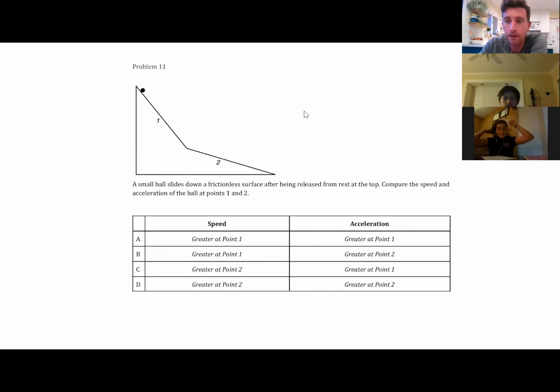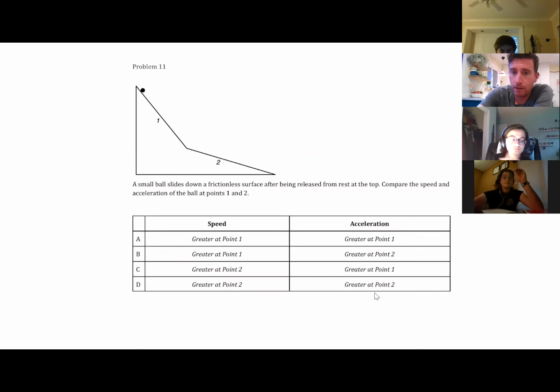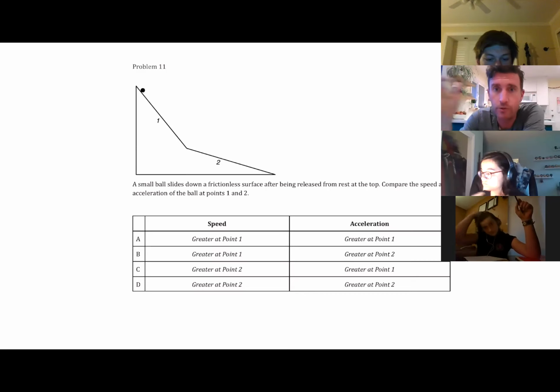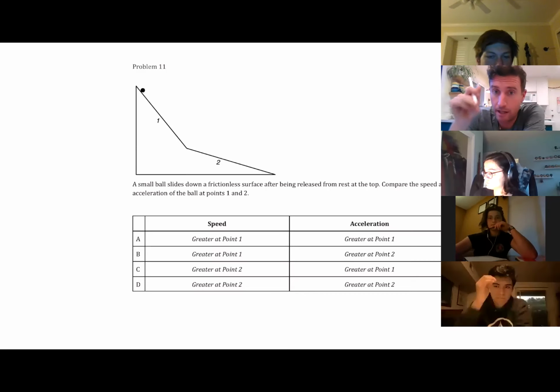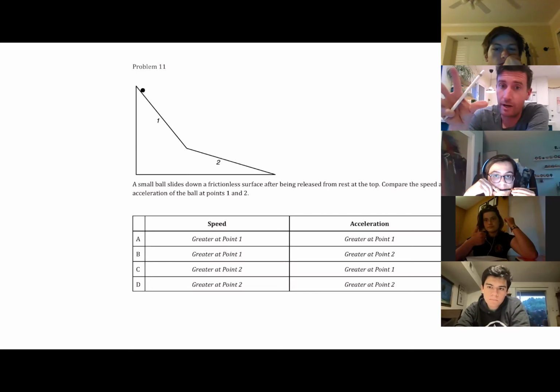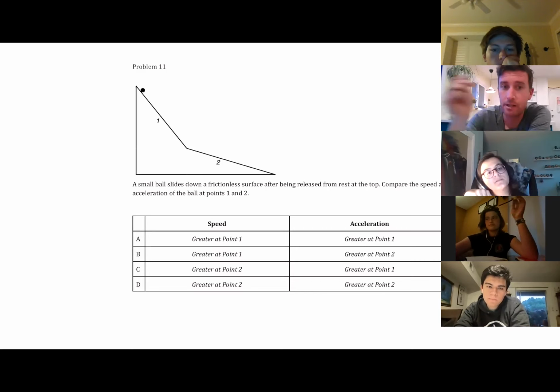Next one. I'm actually going to pause for just a second. I'm going to take a look at everybody's faces and just do a little check-in, because obviously this is a very weird formatting, doing this through Zoom. So I just want to check in and see, is this working and feeling productive? Would it be more productive if I showed the question, had you work on it for a minute, and then talked it through?